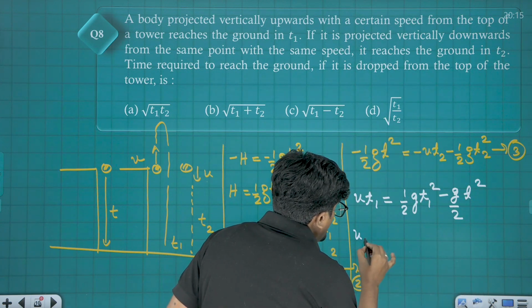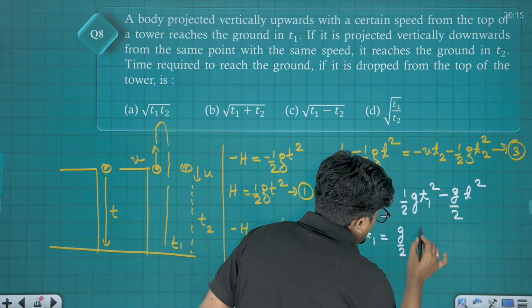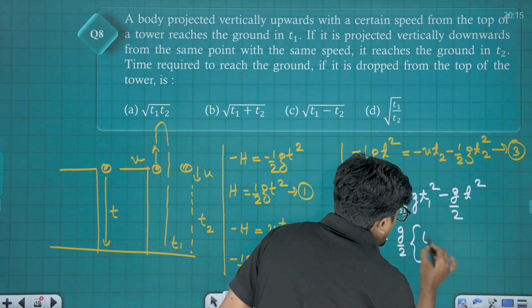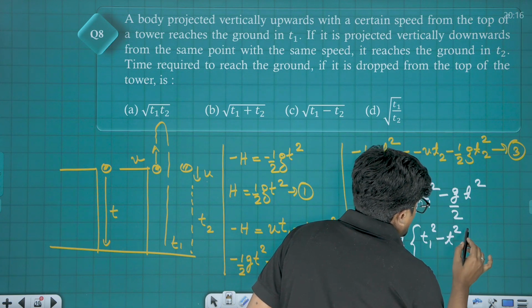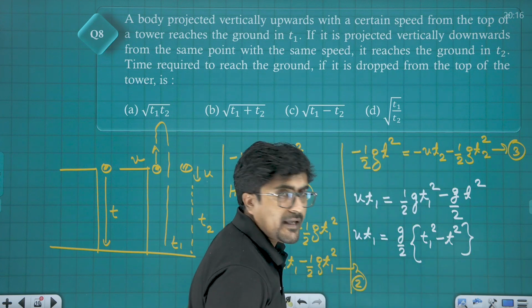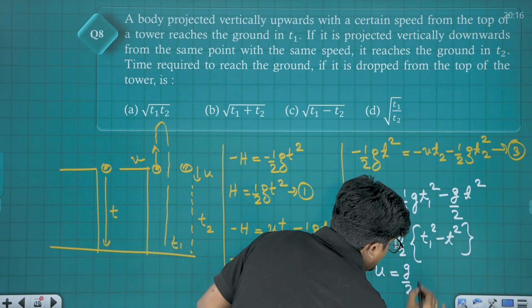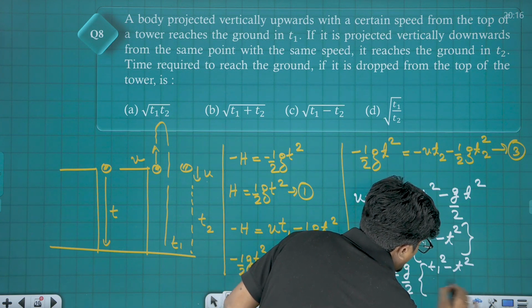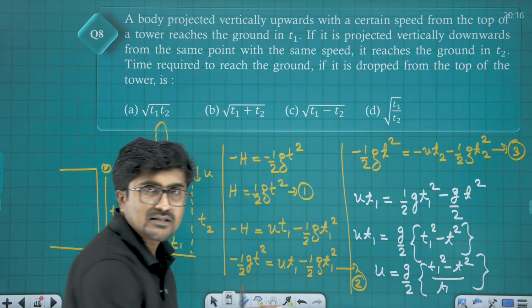Here I can have u into t1 is equal to, of course, g by 2 is common, t1 square minus of t square. Or I can say u is equal to g by 2 into t1 square minus of t square upon t1. Is that fine?